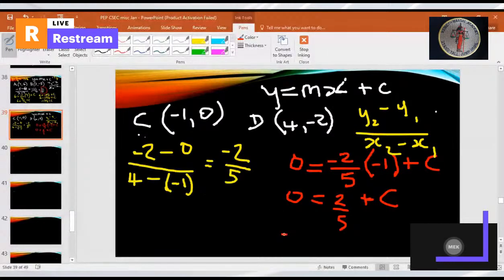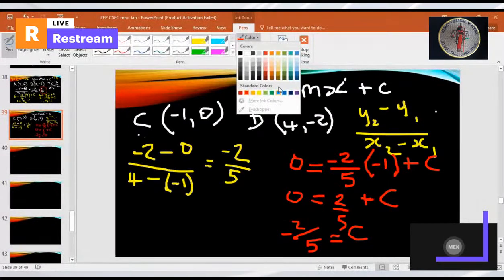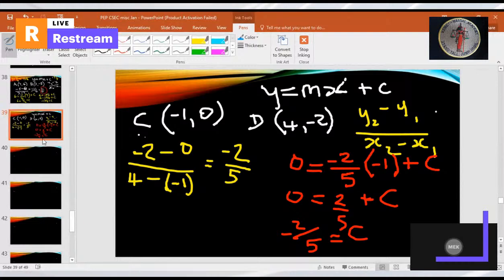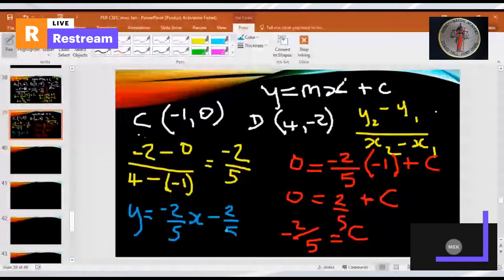So c is equal to -2/5. So we just rewrite the equation with the gradient and the y-intercept. The answer is y equals -2/5 x, and the y-intercept is also -2/5. That's the equation of the line.